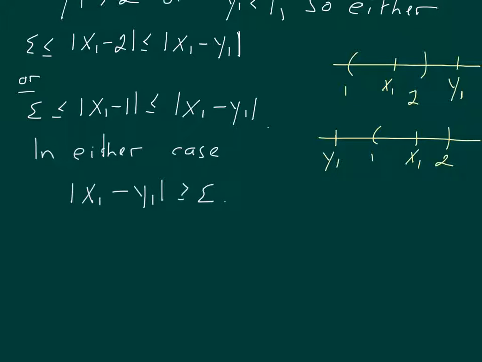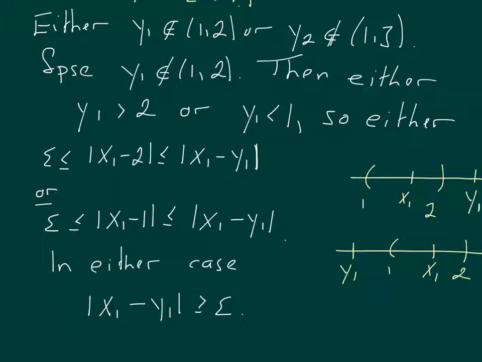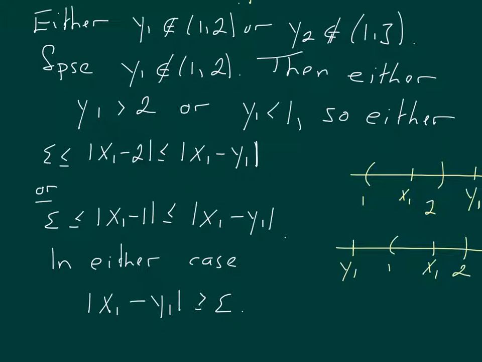And we can also say, looking up here, let's come back up here. What did we show? We showed that if y1 wasn't in (1,2), this distance is greater than or equal to epsilon. And similarly, if our y2 isn't in (1,3), we can say that the distance from x2 to y2 is greater than or equal to epsilon. All right, so let's just write that down.